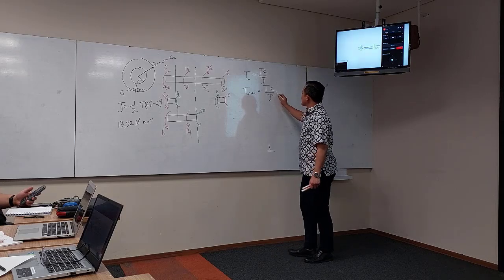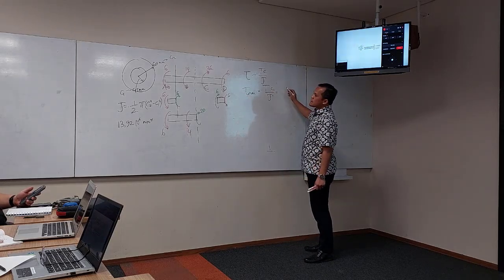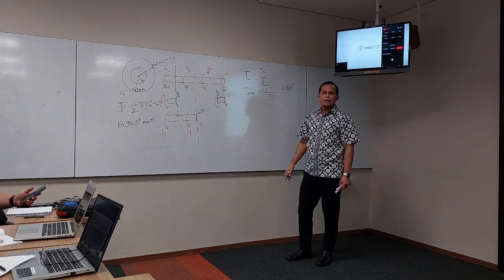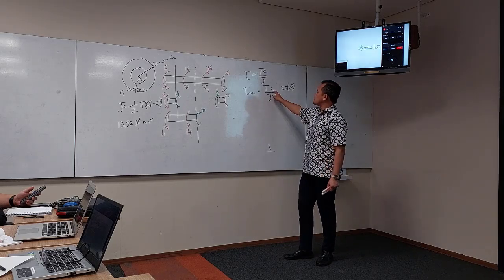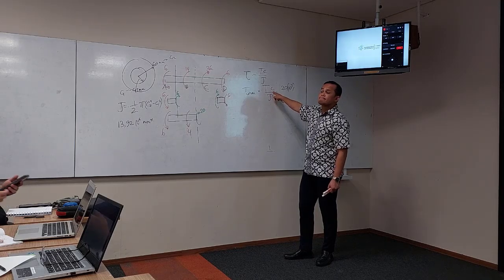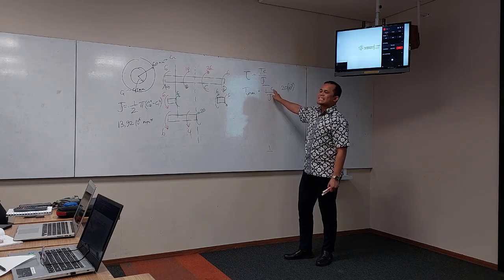Okay, now I can write this one. The T was 20, 20,000. 20 times 10 power 3. What is the C? What C should I put here? Maximum radius.